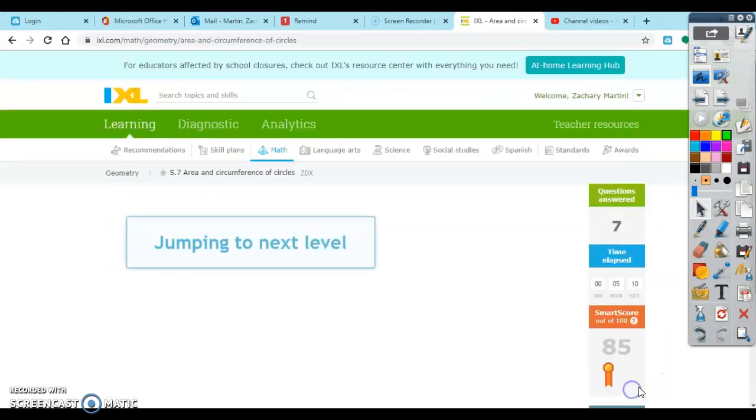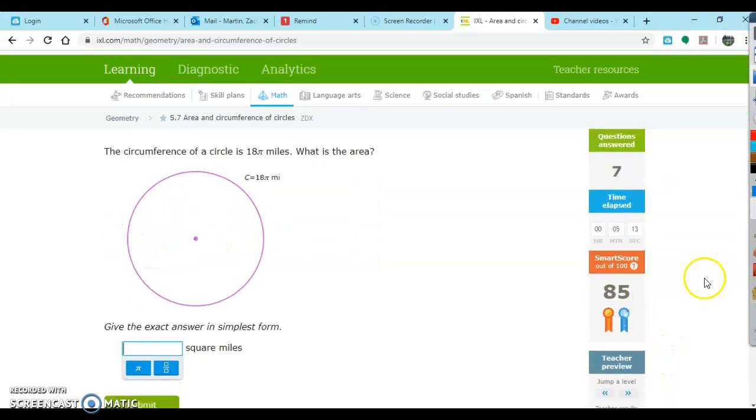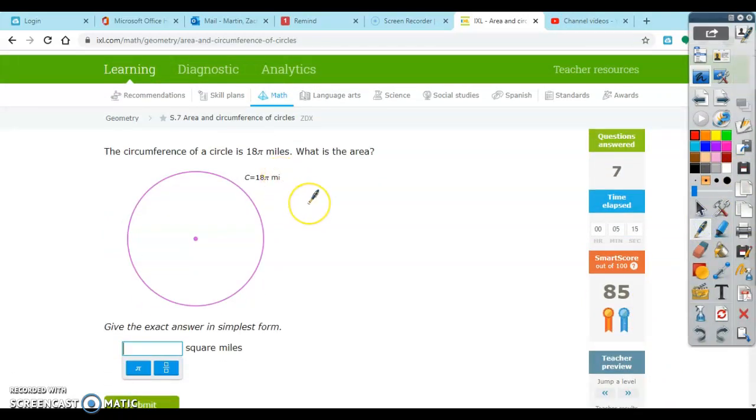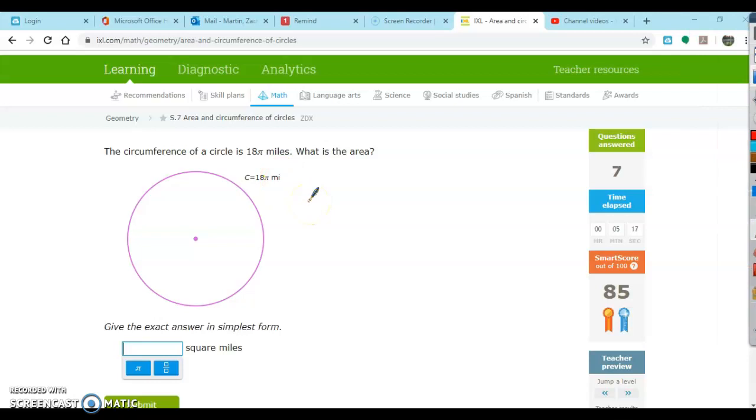We're going to jump up a level here, see what else we can look at. They say the circumference of the circle is 18 pi miles. So the circumference is 18 pi. What's the area? Well, 18 pi equals 2 pi r. Let's divide both sides by 2 pi. That's going to isolate r for us because we need the radius in order to find our area.